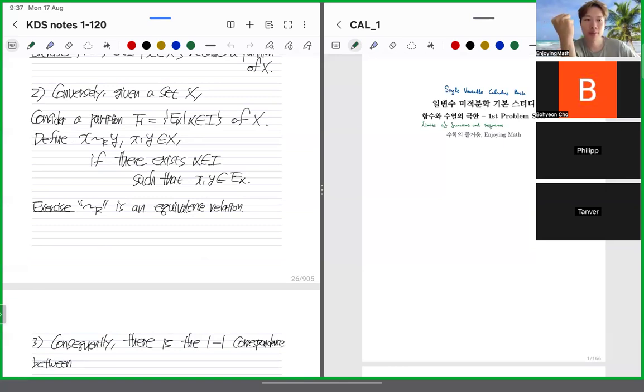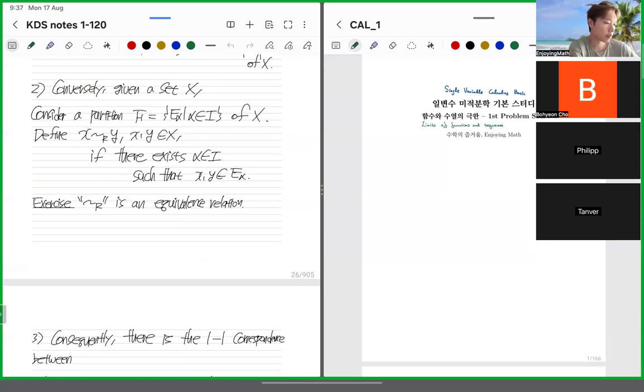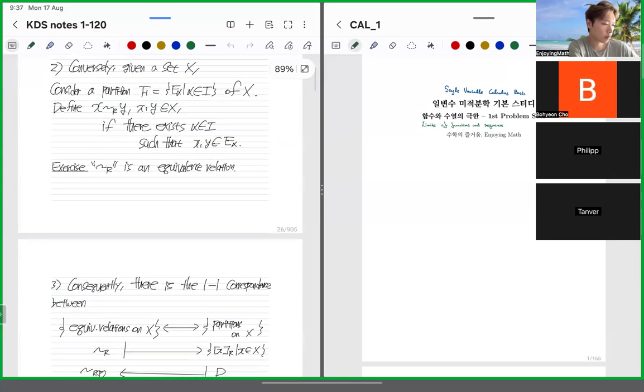Just wondering, can you casually say that if you can split a set in an unambiguous way into groups, then essentially each group would represent an equivalence relation between the elements of that group?